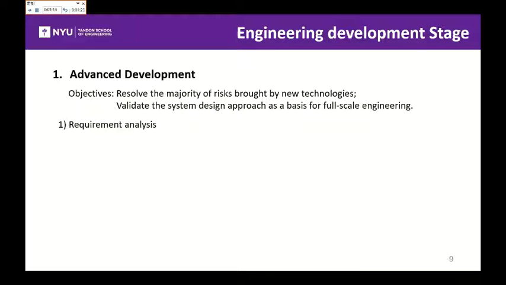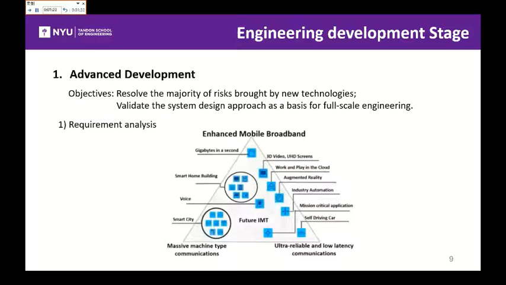For 5G system, there are some methods. First is requirement analysis. We shall be familiar with this graph. Here are three major features, or we can say that the most urgent needs the 5G system want to meet.